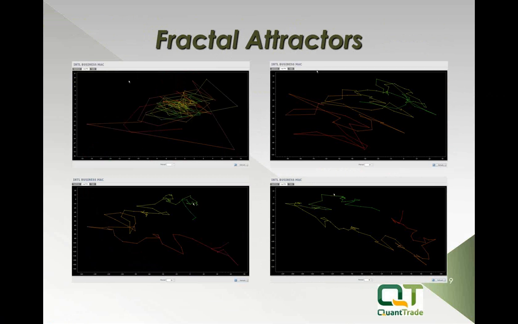Now, this collection of 4 screenshots here is interesting, and it actually is taken from our QuantTrader platform, and it's a great example of how attractors can be identified and even visually displayed. What you see here are the actual visual representations of the hidden states in the price activity of IBM stock.